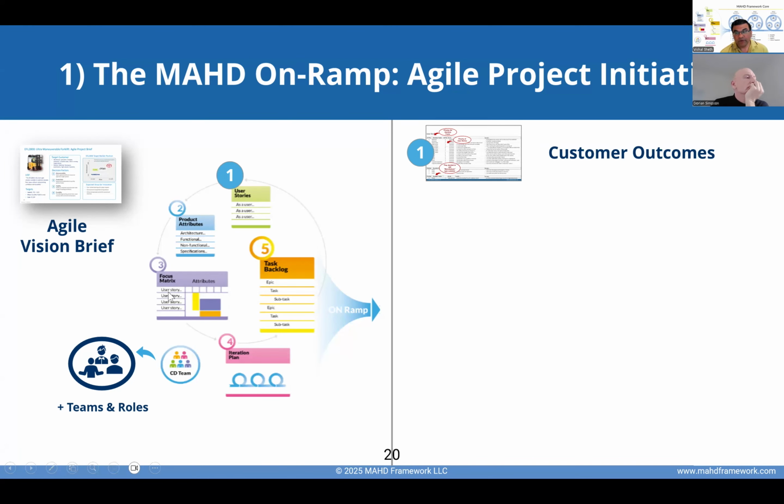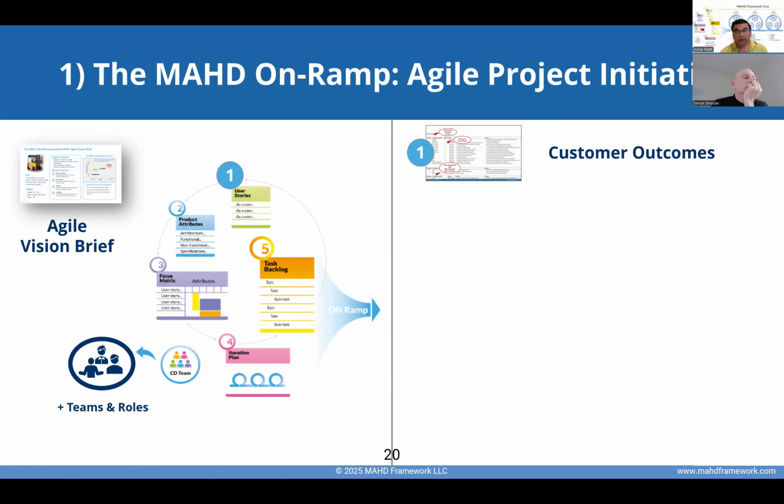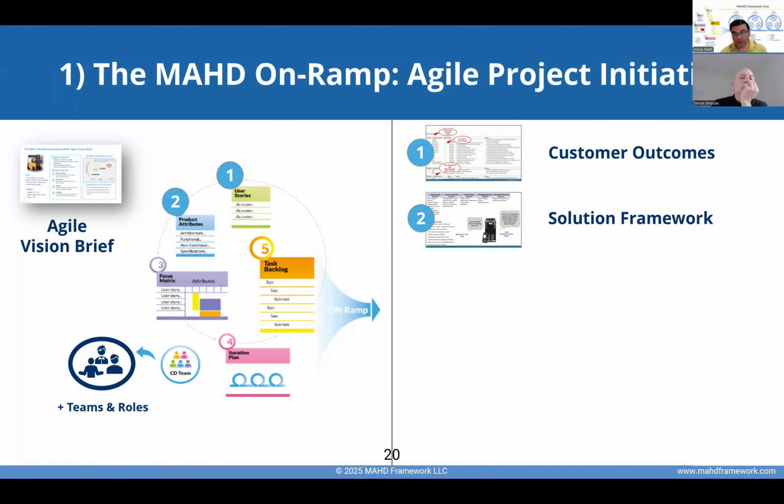The Vision Brief aligns the whole organization on the intent of the project, from the target customer and the market positioning to some of the hard constraints like cost, deadlines, and certifications. The MAD user stories clarify what the customer is wanting to achieve and why. So that sets the stage for the problem to solve. Product attributes outline the initial skeleton for a technical solution.